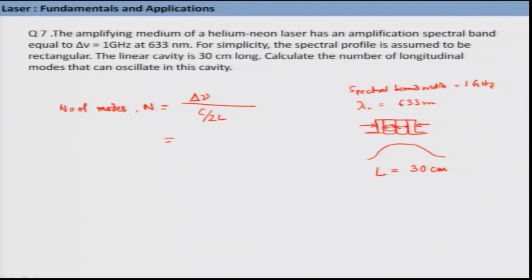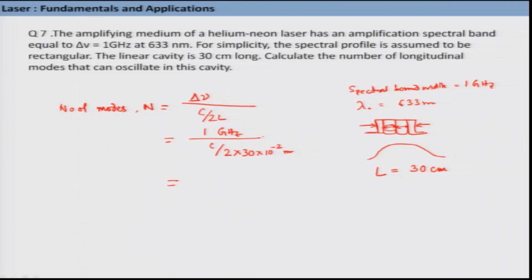So, therefore, I have 1 gigahertz and c by 30 centimeter. So, that means 10 to the power minus 2 meter.